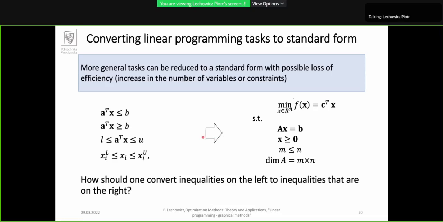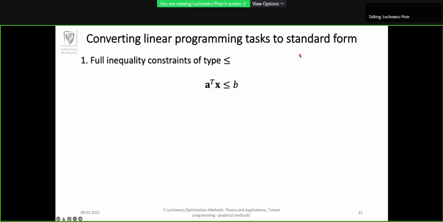However, it can happen that we lose some efficiency, so we will increase the number of variables or constraints, by converting such a model with inequalities into a model which has equalities only. And let me show you how we can convert such inequalities to equalities. Here should be equalities on the right hand side.